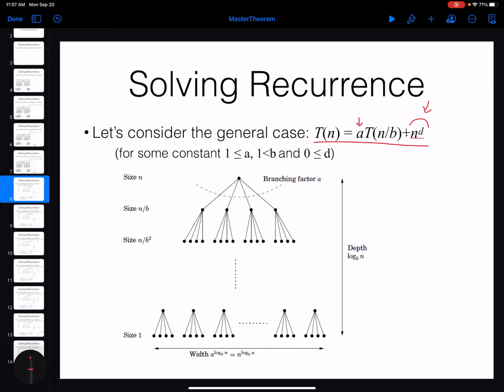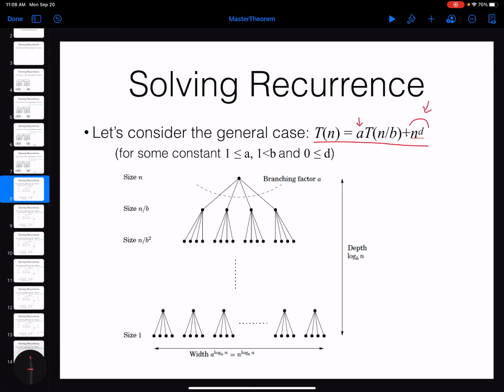I'm going to show the master theorem using this general form and show you that we can get 3 simple formulas for 3 different cases, and the total is going to be called the master theorem.